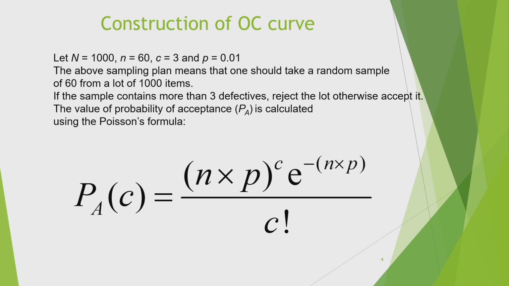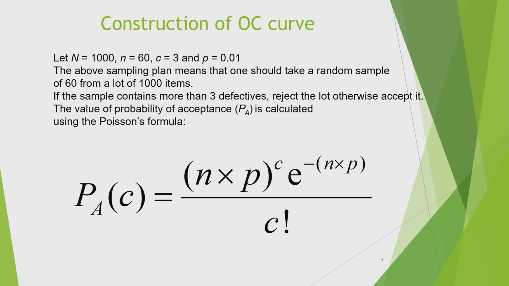So let capital N equal 1000 and small n equal 60, that means lot size is 1000 items, sample size is 60, and let us say C is equal to 3, acceptance number is 3, that means in 60 even if we find 3 defectives we can pass, and let us say P is equal to 0.01, that means actual fractional defective is 0.01, that means out of 1000 there will be 10 defectives in the lot.